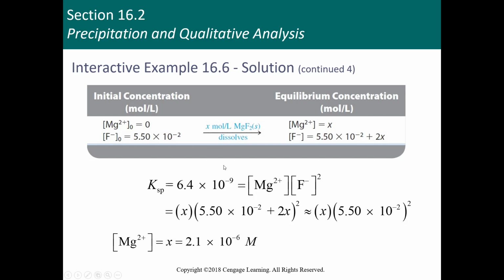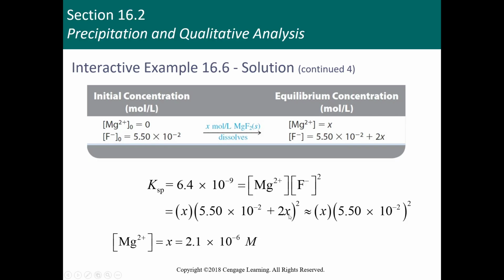Okay, so now we're going to go ahead and plug these equilibrium concentrations into our expression like we have done every other time. And so x there, and this right here is this right here. Okay, now again, we have a value plus 2x, don't we? This KSP is a very small number. And so this 2x, you would expect this to also be a very small number.